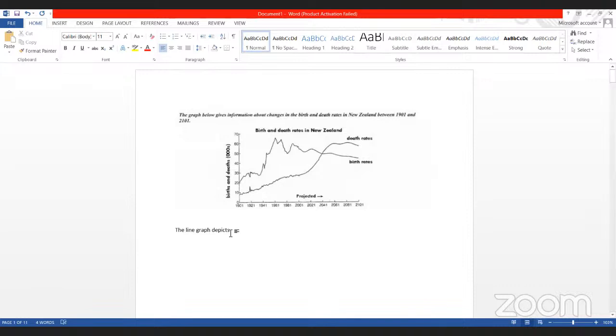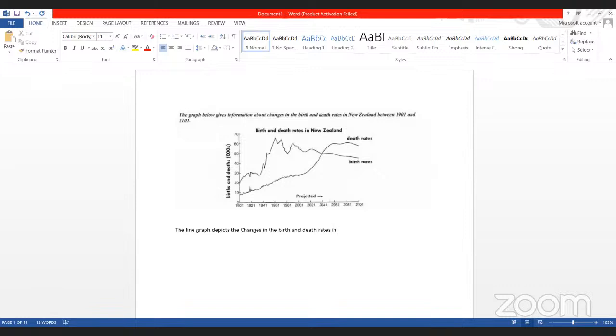All right, the line graph depicts, so you can see that it clearly gives the word changes. As there's no other word instead of changes, you can use that. Depicts the changes in the birth and death rates in, right?